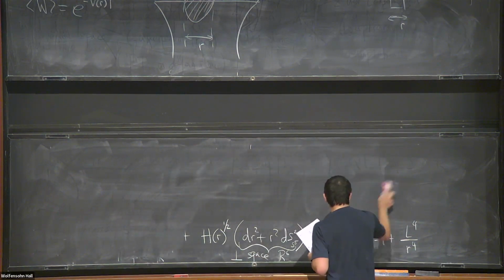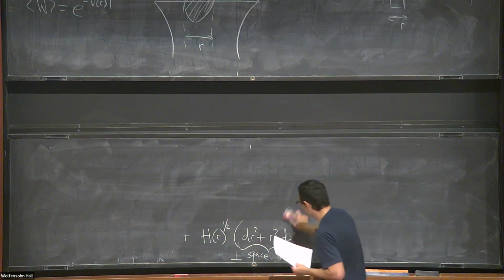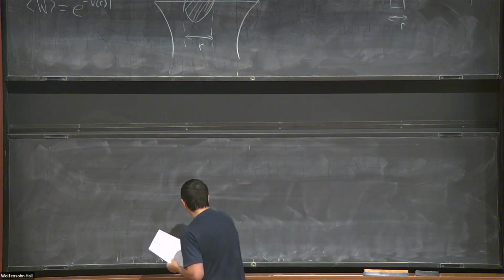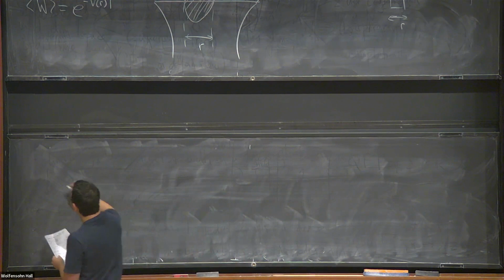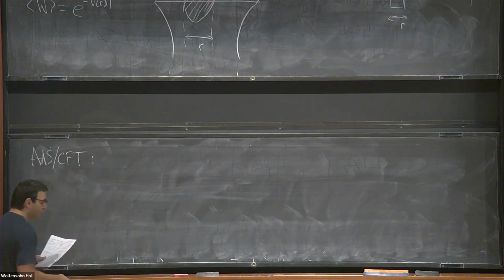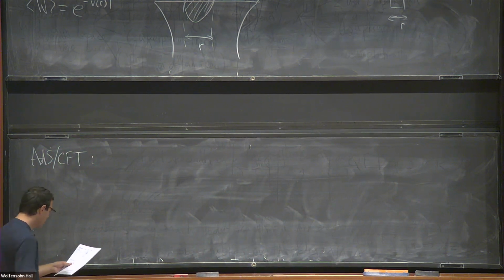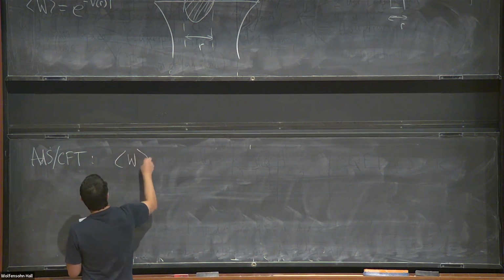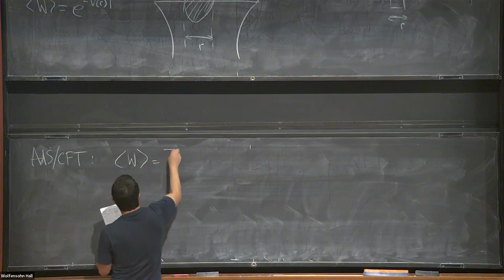It would be a semi-classical, saddle point approximation. In AdS/CFT there are various rules for computing various things. This is a rule for computing this observable. So this is Z_string.